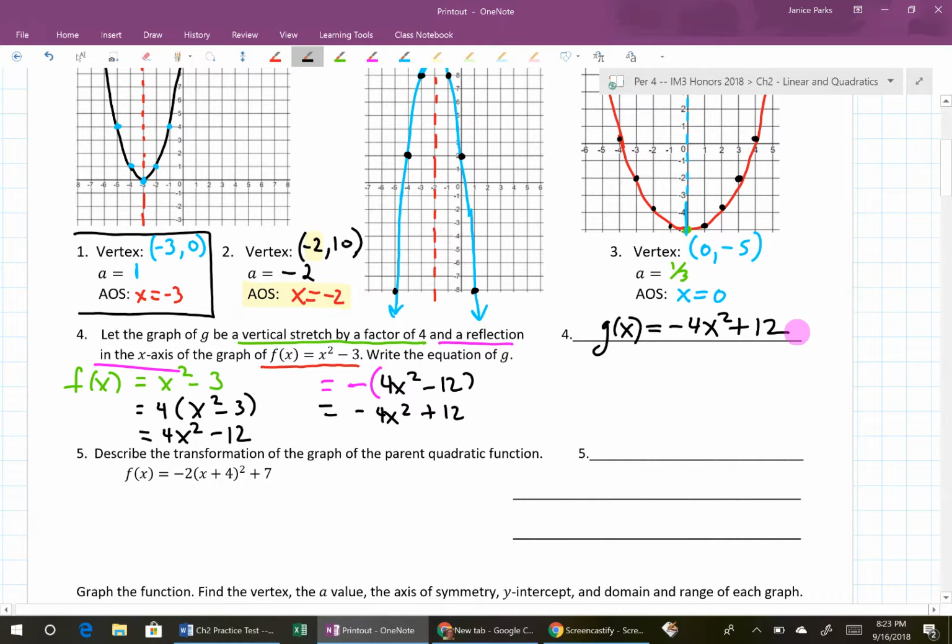For number 5, we have to describe the transformation. So we have a reflection across the x-axis. We also have a vertical stretch of 2.